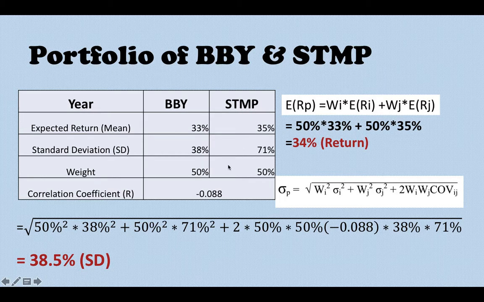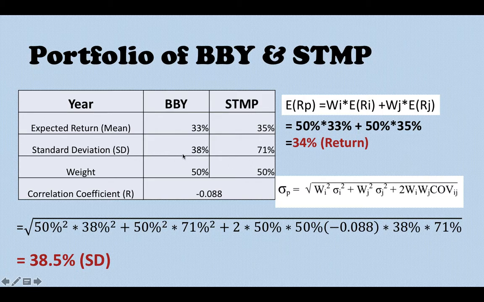Based on this, we can calculate the portfolio return. My portfolio return is 50% of the Best Buy return plus 50% of the Stamp return. Added together, it gives me 34%, a little higher than Best Buy and a little lower than Stamp.